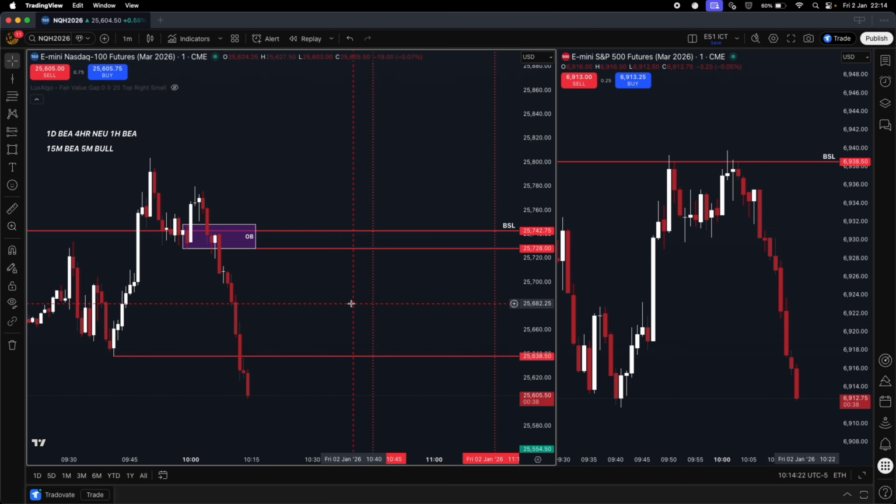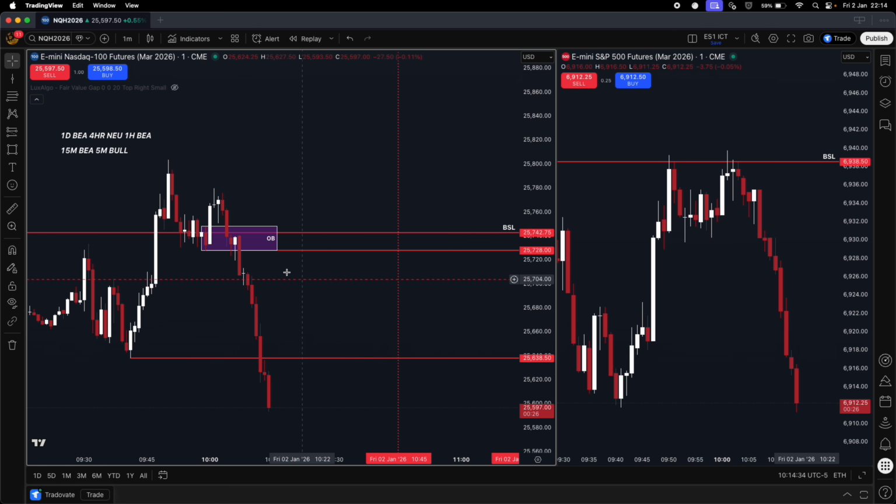Is the 10:07 candle a short-term high? Where we can put our stop loss. Okay, so no, you can't put your stop at this short-term high.